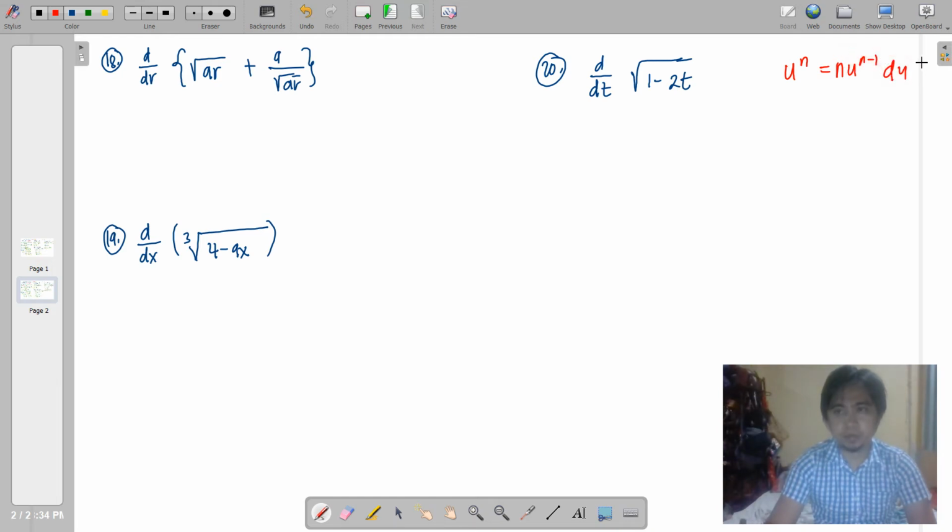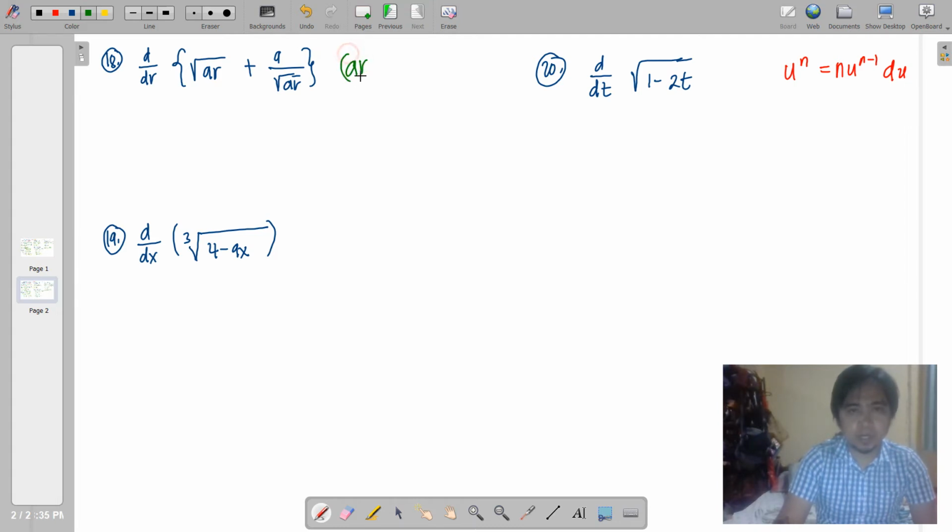Dito may du. Okay? So, a radical sign will be just in terms of AR raised to 1/2. AR raised to 1/2 is actually square root of AR. So, this is the treatment.